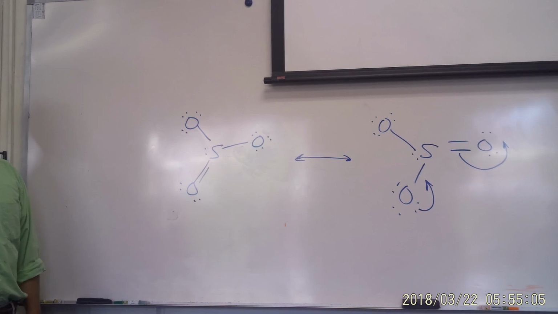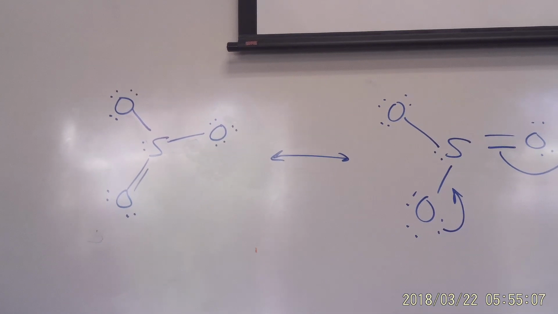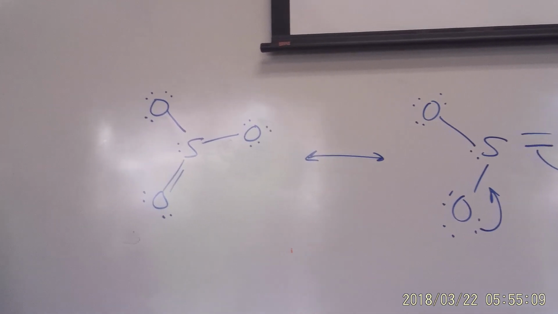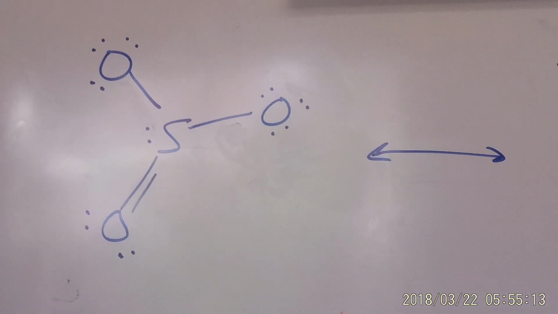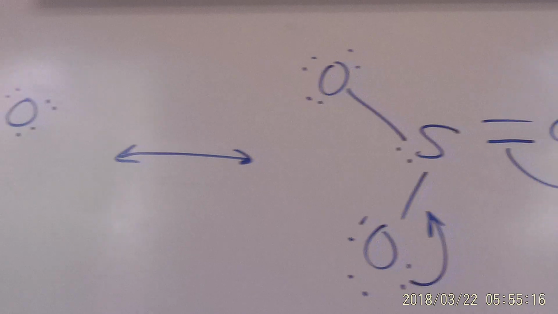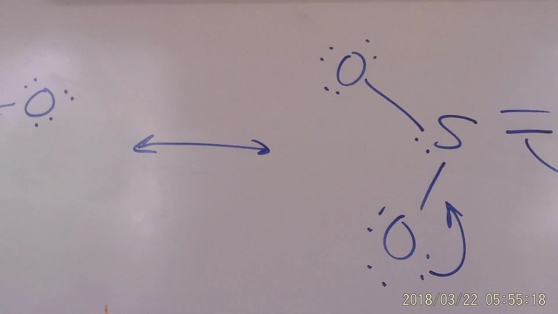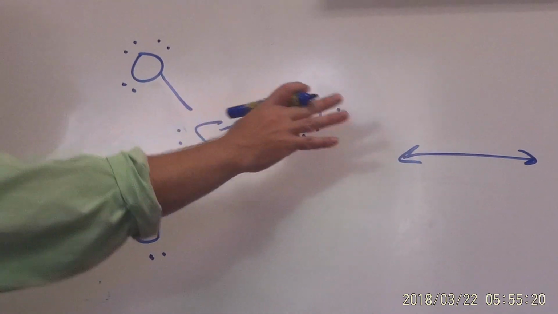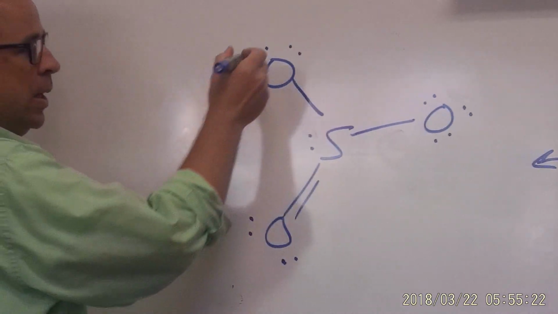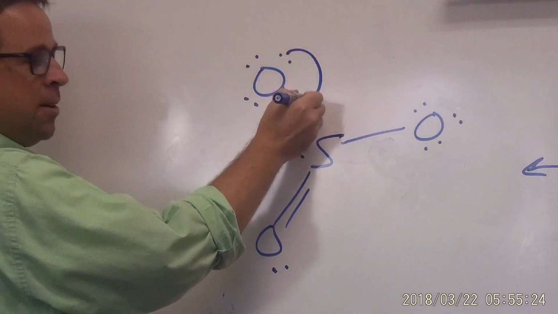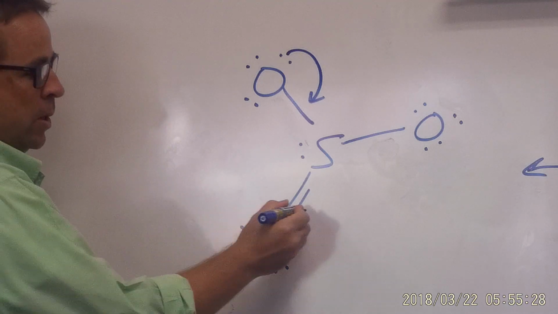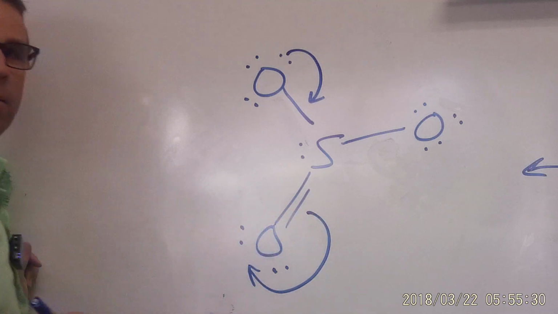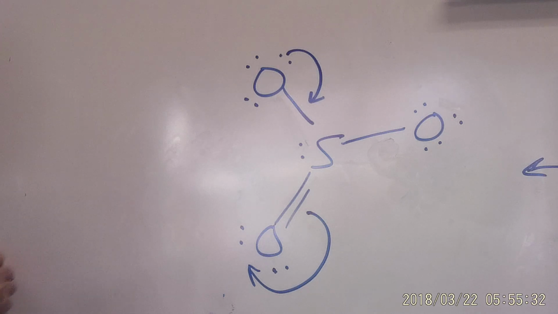We could have a third resonance structure, right? What would be the difference in our third resonance structure? What would this molecule do to make the third resonance structure? Yeah, the electrons would come in from here, and what would happen over here? This double bond would pull out and make lone pair electrons there.